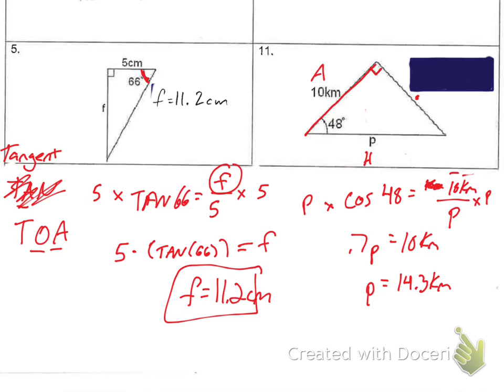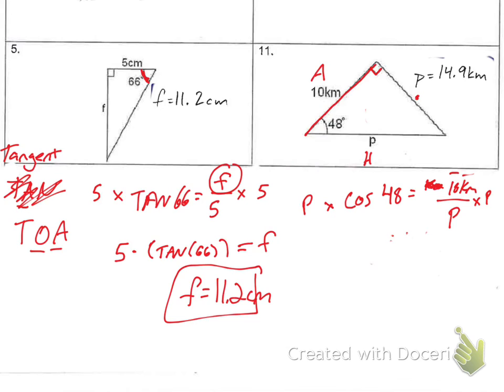Let's see if I'm right, or let's see how wrong I am. Okay, so I'm 14.9. So that's probably because I rounded that decimal. So for example, if I were just to erase what I did so far, and I did cosine 48, that's going to be equal to 0.669130664, right?